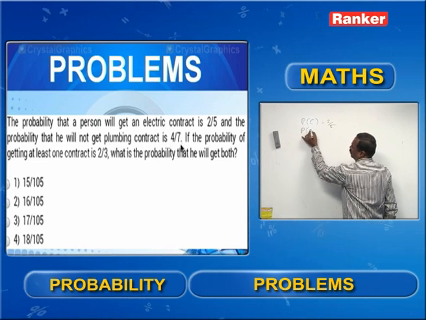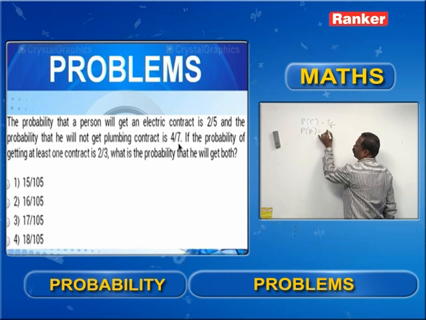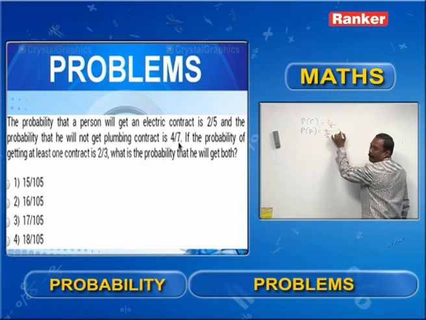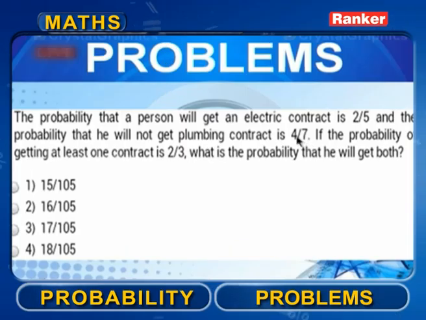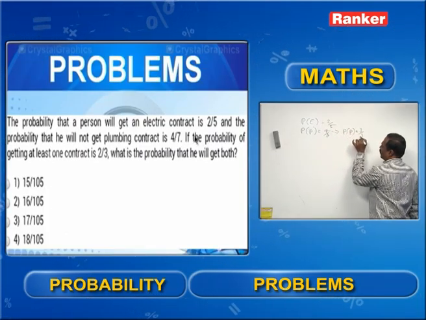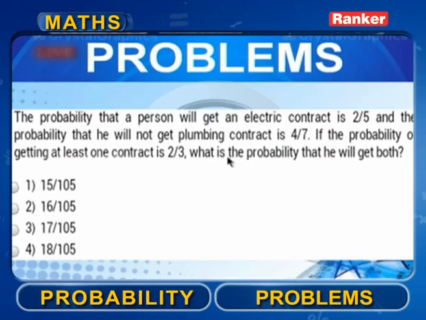Plumbing contract not getting, P of P bar or P complement, is 4 by 7. So what should be the probability of getting it? P of P is nothing but 3 by 7.